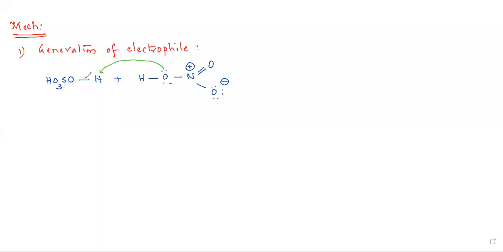the lone pair is given to H plus, this will just go off. We are still left with a pair of electrons at oxygen, a positive charge because it has only 5 electrons. Then of course this.